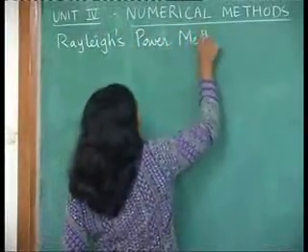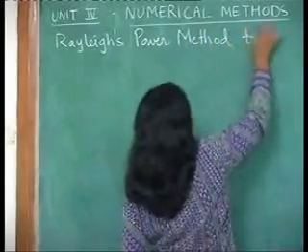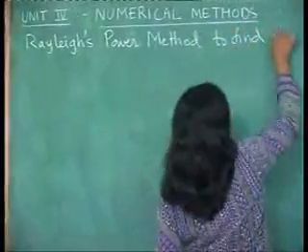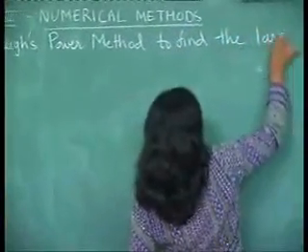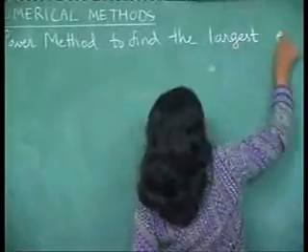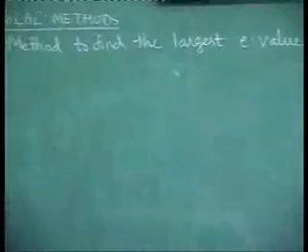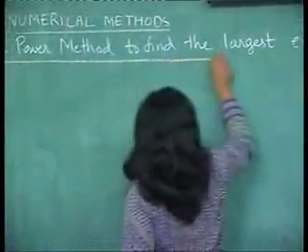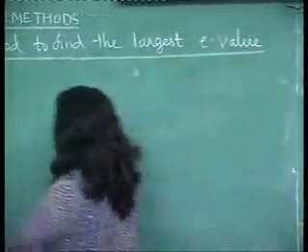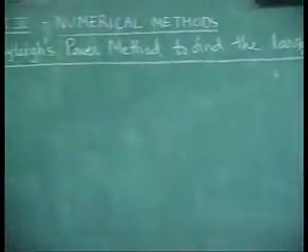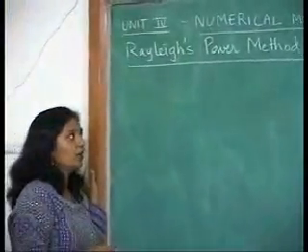We are now going to study the power method to find the largest eigenvalue and corresponding eigenvector of a matrix. In the unit on linear algebra, we have already studied what are eigenvalues and eigenvectors.